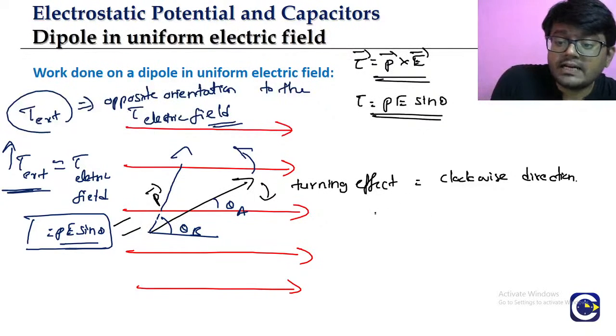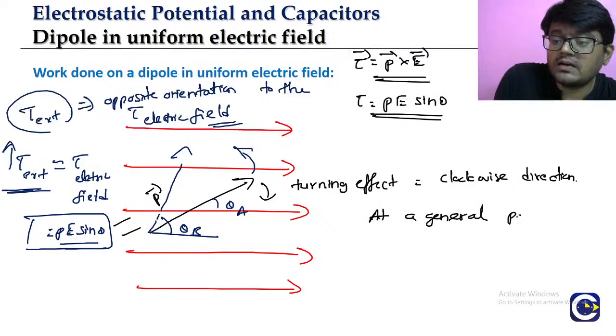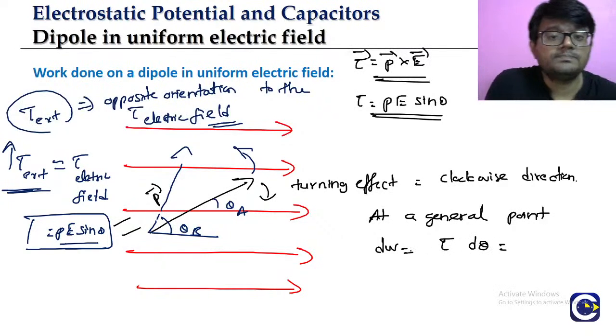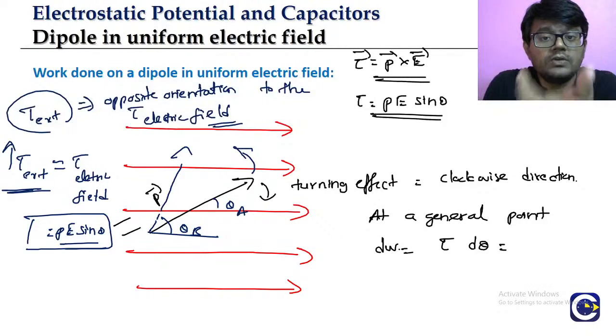We will consider a general point, and look at the small work done in rotating the dipole. What is the small work done? It is the torque times the small angular displacement.